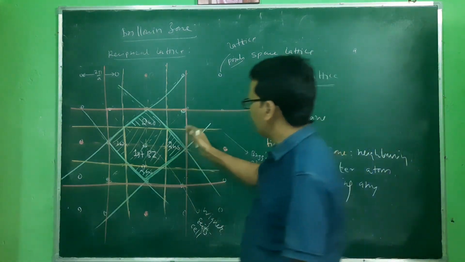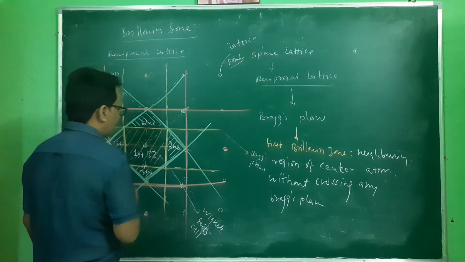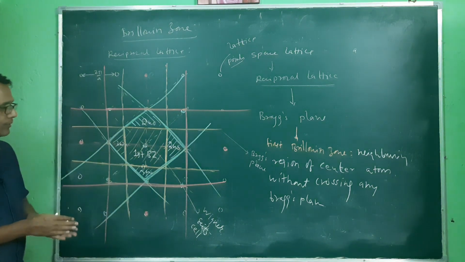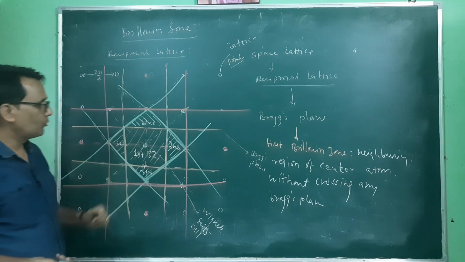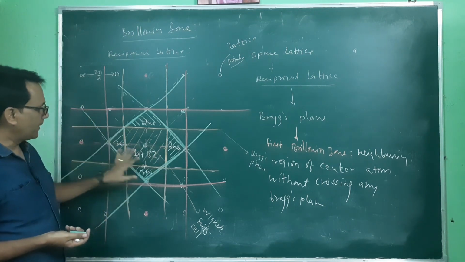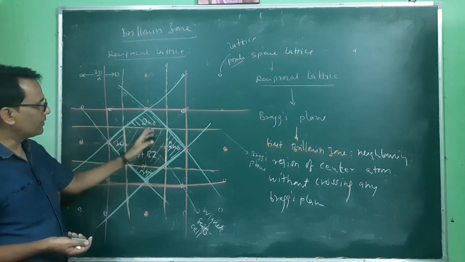Similarly, the third Brillouin zone can be defined. In general, the first and second Brillouin zones are shown in different books, so I am drawing here the first and second Brillouin zones.